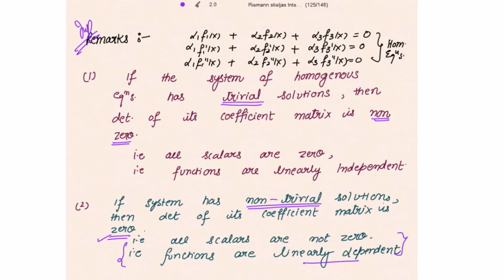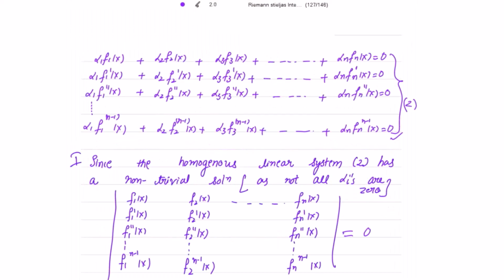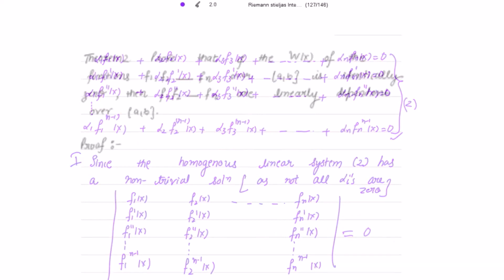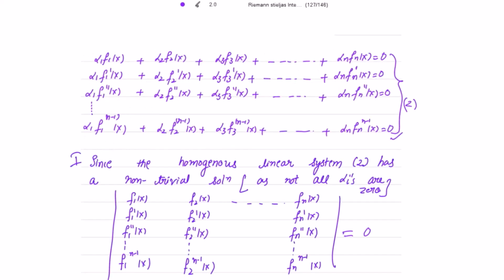This condition is given to us, right? So the determinant of this coefficient matrix is 0, which is nothing but the definition of the Wronskian. So instead of this, can I write W(x) is equal to 0, right? Hence the proof.